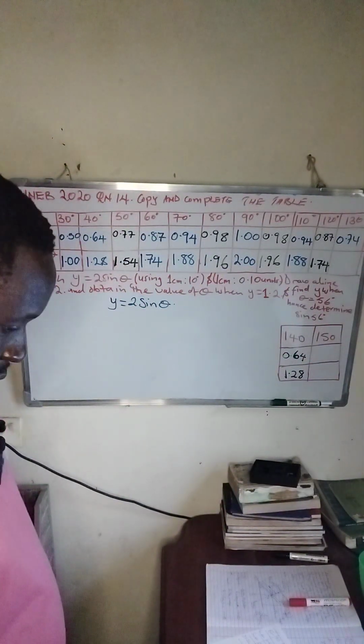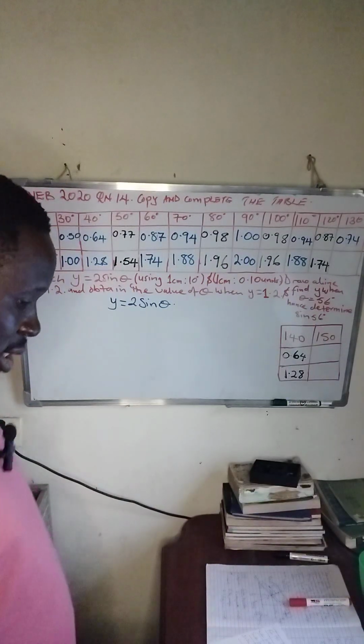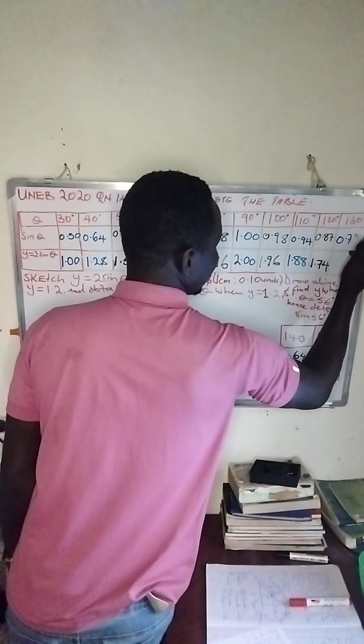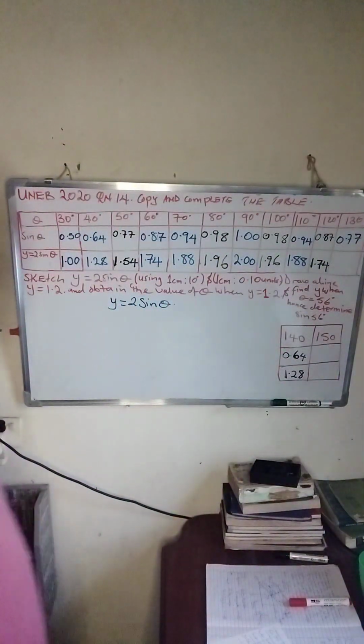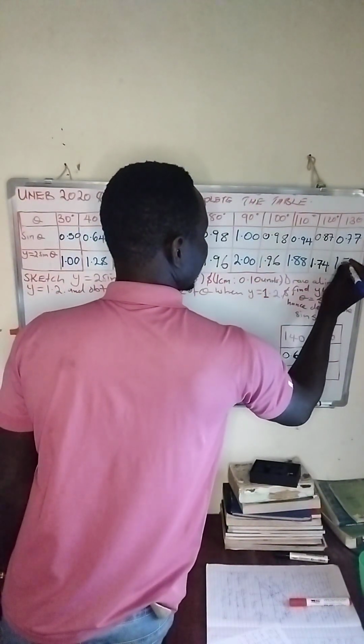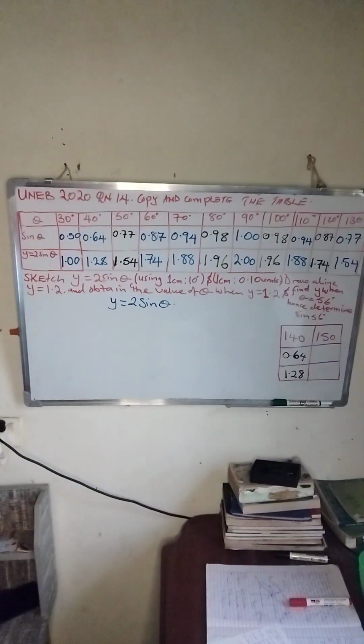No, it is just 130, 0.77. Yes, it is supposed to be 0.77 when you place it properly on the calculator. 0.77 times 2, 1.54. Then we go to 150.